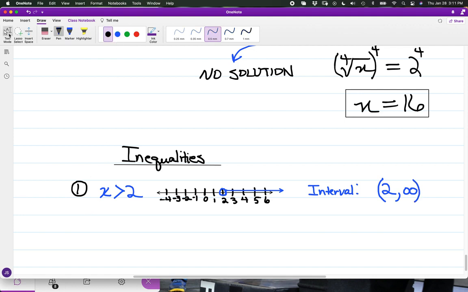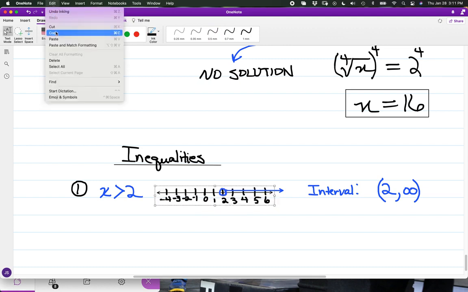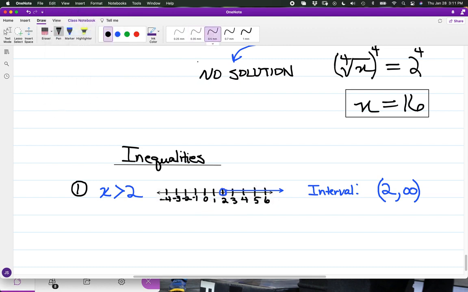Now let's say we have another inequality, in this one x is greater than or equal to -1.